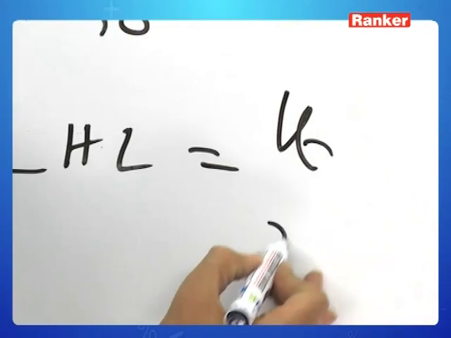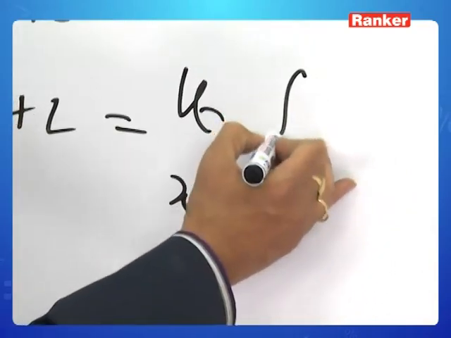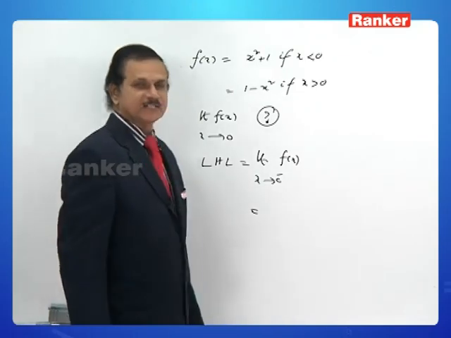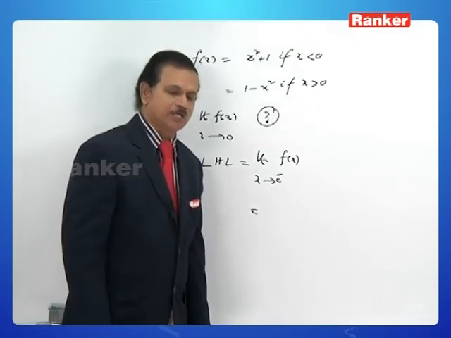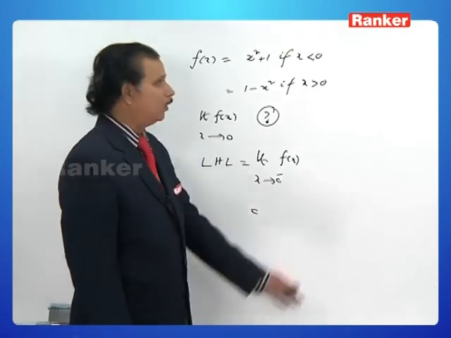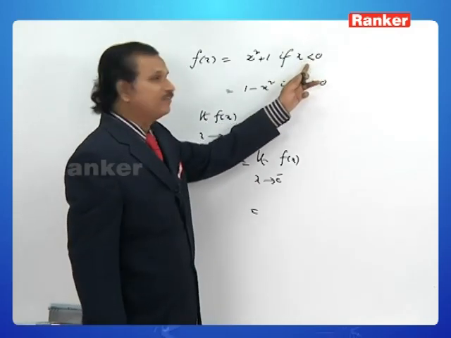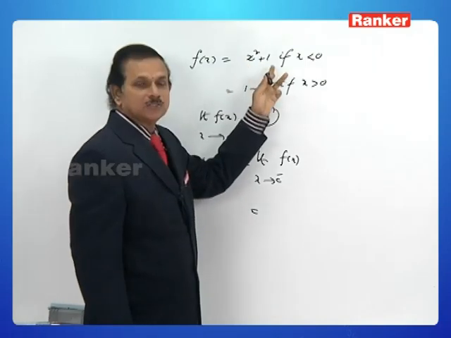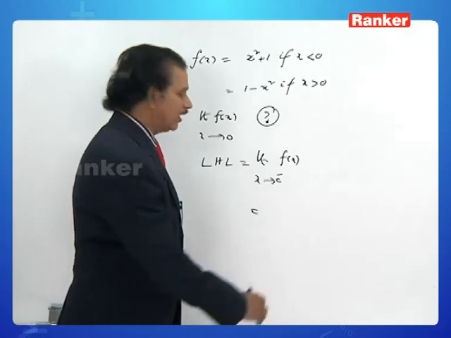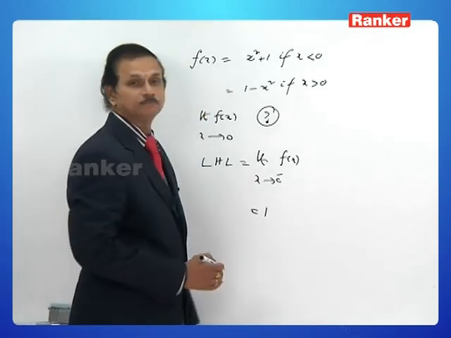Limit as x tends to 0 from left of f of x. Where does x lie? To the left of 0. That is less than 0 or greater than 0? Less than 0. If x is less than 0, what is the definition of f of x? X square plus 1. As x tends to 0, this tends to 0 square plus 1, that is 1.